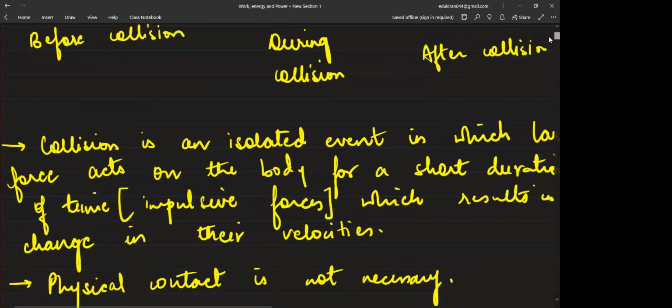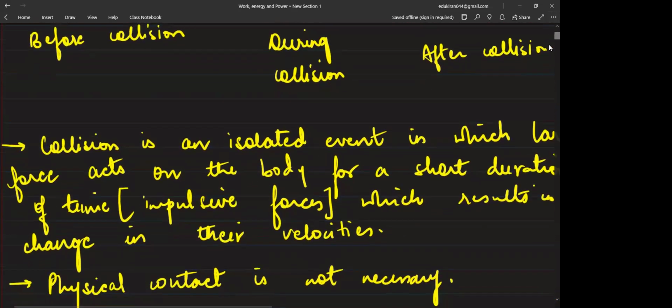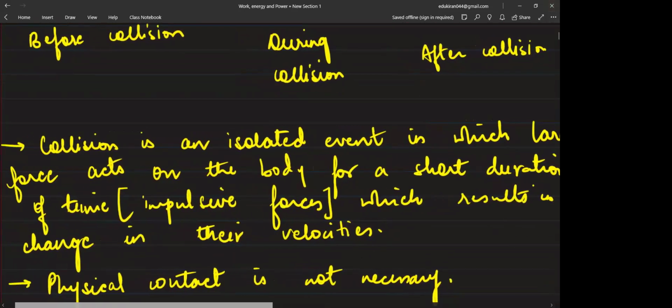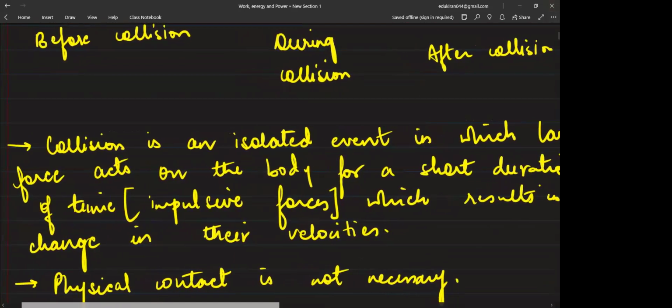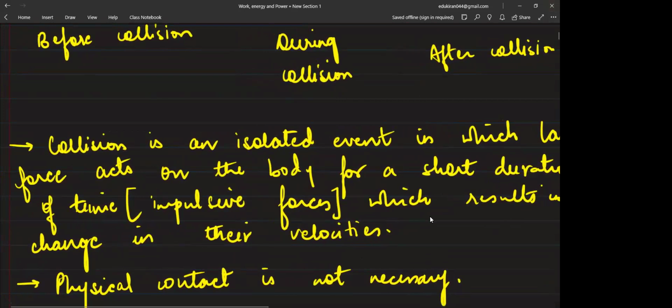So what exactly is this process of collision? Collision is an isolated event in which large force acts on the body for a short duration of time, means impulsive forces, which results in changes in their velocity.